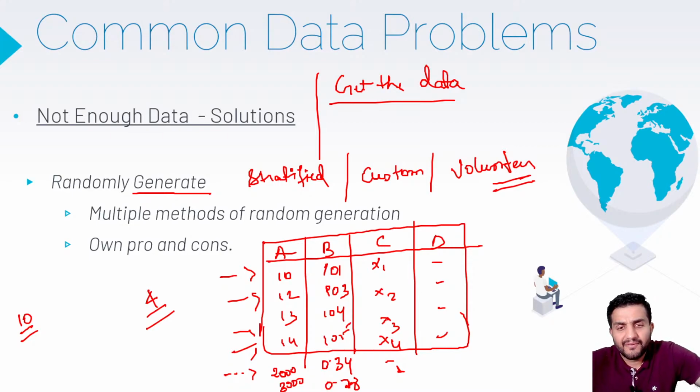And that is where we have some custom level generations. So we always mark some boundaries and we mark some ranges. That's where custom sampling, custom generation, or stratified generations, with equal representation from each sample, would come into the picture. But still the end objective is I am artificially generating the data points to a number requirement.